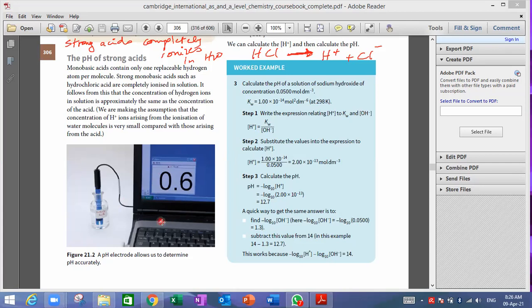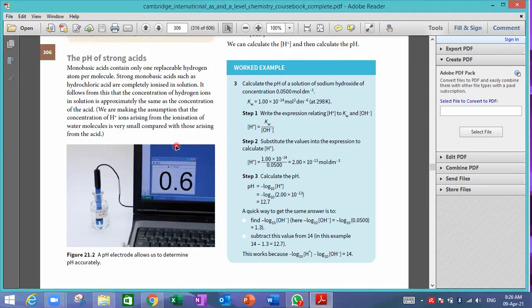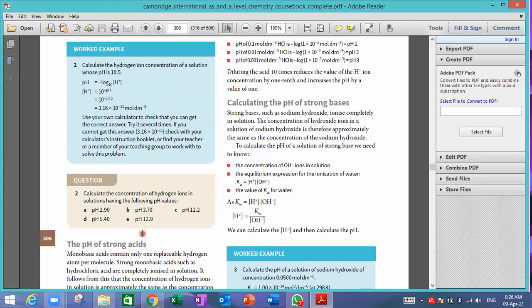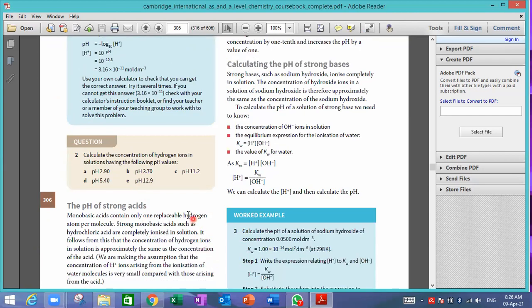Of course, this is not a pH meter, but we have a device called a pH meter with an electrode, and whenever we place it in our solution, we can get the pH at once. But what if we want to calculate it by calculations? We just take the minus log of the hydrogen ion concentration. For strong acids only, we say that the pH is equal to minus log the hydrogen ion concentration.